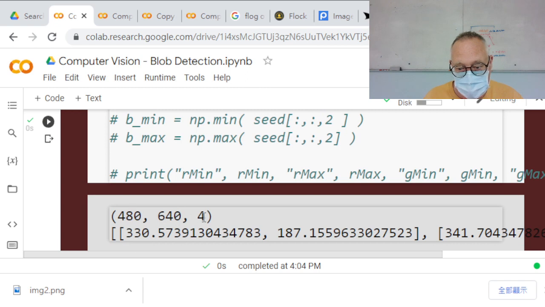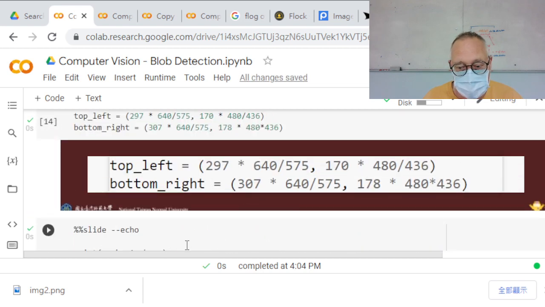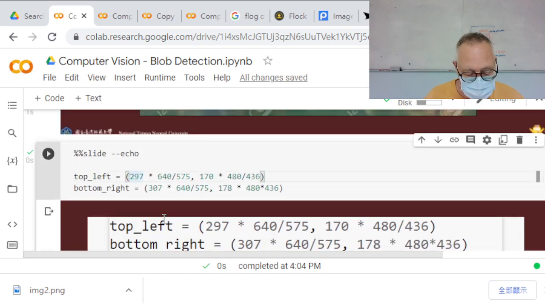For 8644, 330.57. Ah, yes, of course, I cannot use floating point numbers here. They would have to be converted to integers.